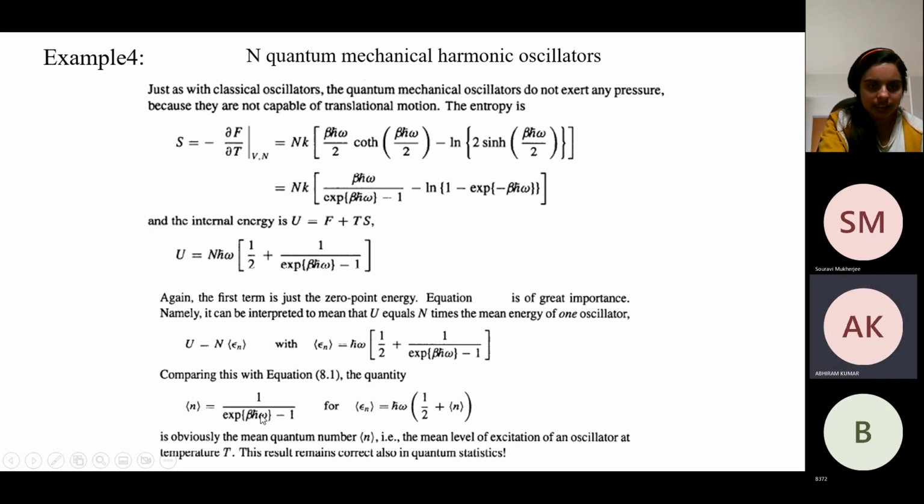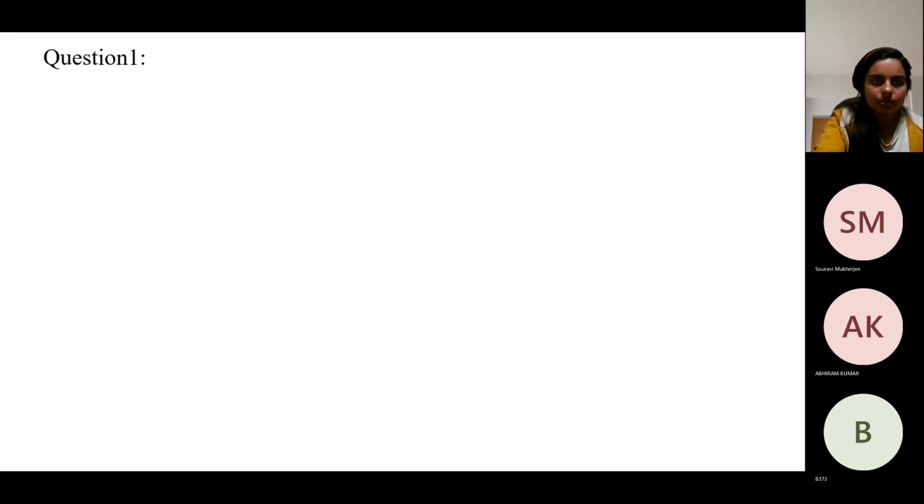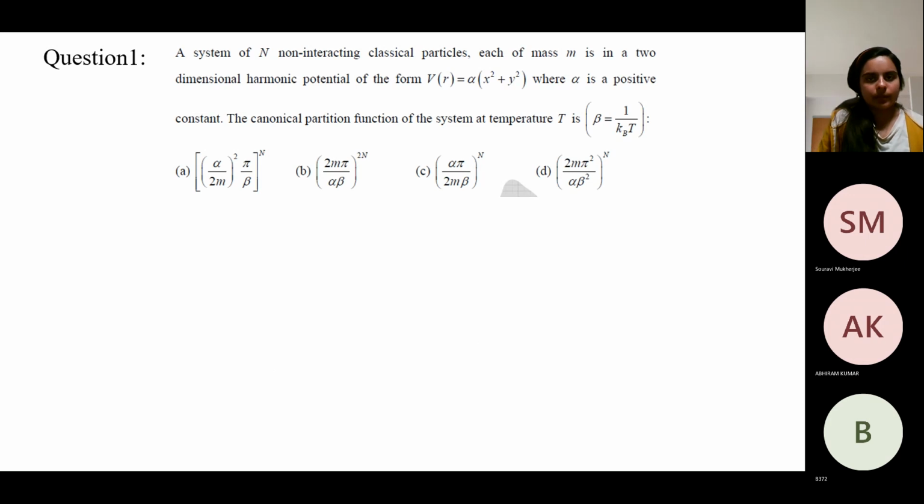You'll later see that this mean quantum number expression can change depending on the kind of distributions or the kind of phase space densities that the systems or the constituents can have. Okay. So what we now do is we try to solve some questions based on what we were discussing previously.